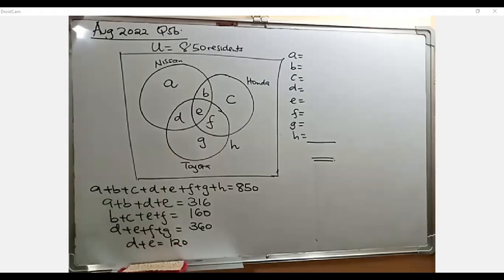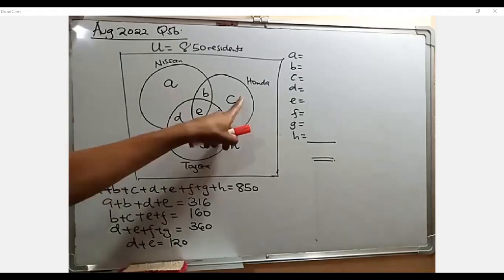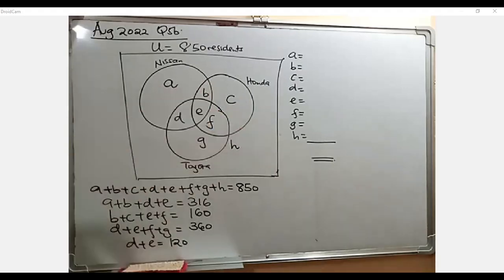Then we have 56 residents who own both Nissan and Honda vehicles. What are they sharing? B plus E, which is equal to 56.